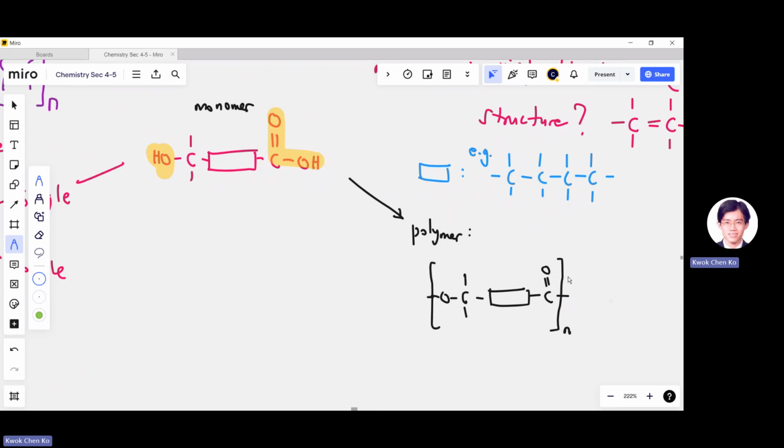That is how you represent the polymer. Can you see where? Because I broke off this part. Then I broke off this part. Take note, the bond between O and H is broken at the alcohol portion, whereas here it is between C and O at the carboxylic acid portion.